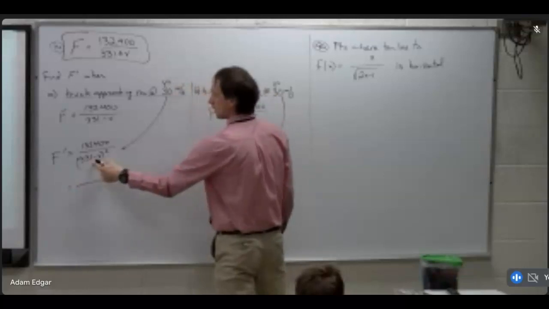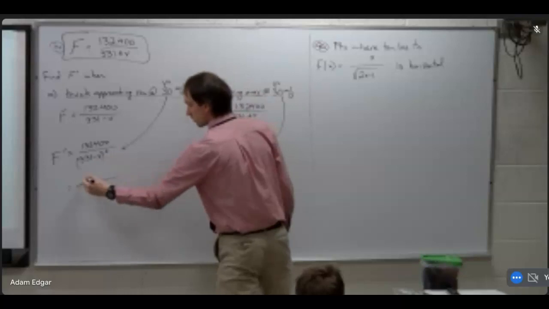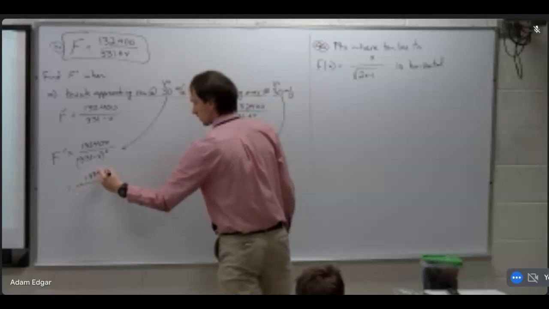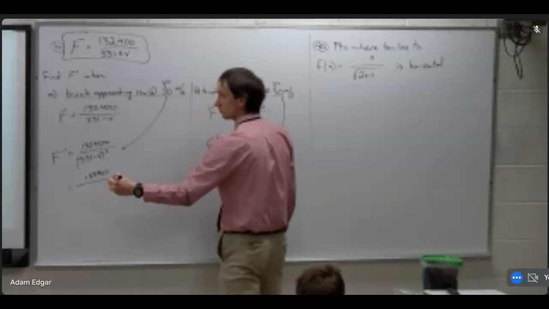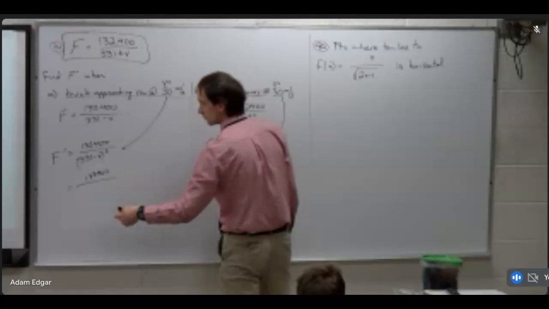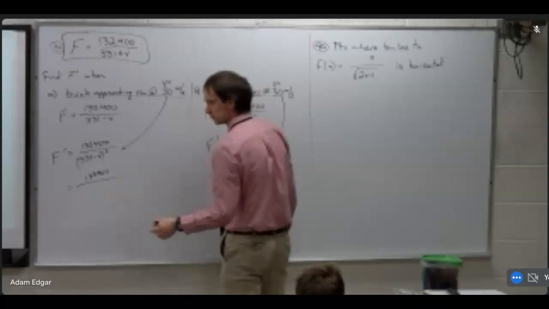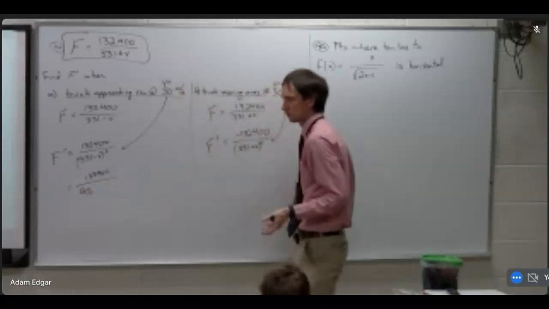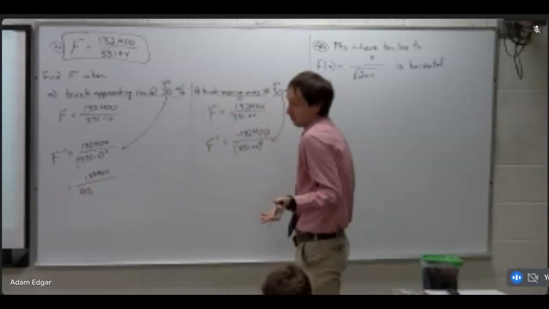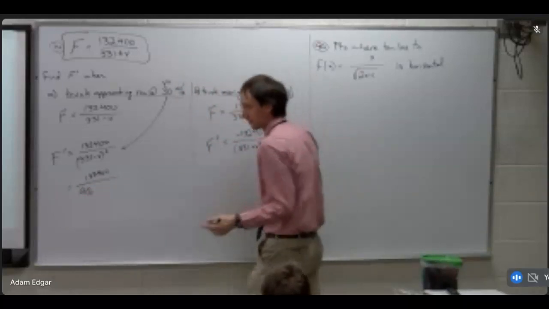331 minus 30 is 301. What's 301 squared? A little more than 900,000? Or 90,000? So 90,000 what? Could somebody help tell me, please? 601?